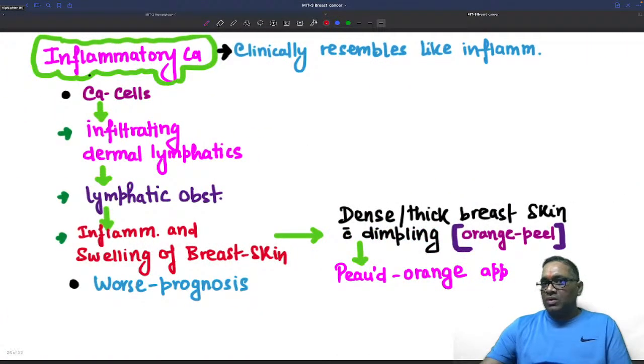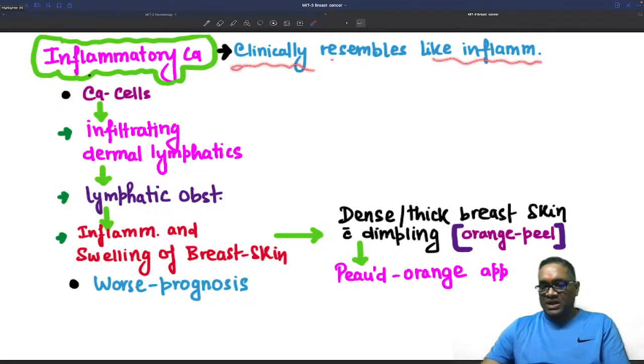Inflammatory carcinoma of the breast clinically resembles inflammation because of what I have shown you: the lymphatics have inflammation-like tumor cells.